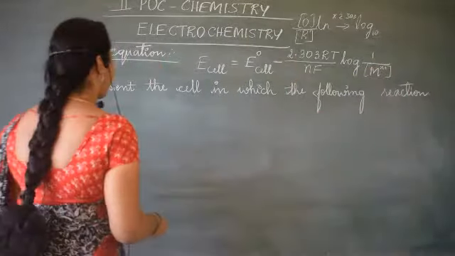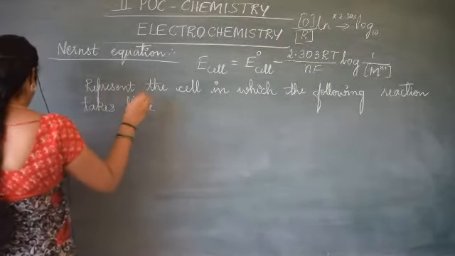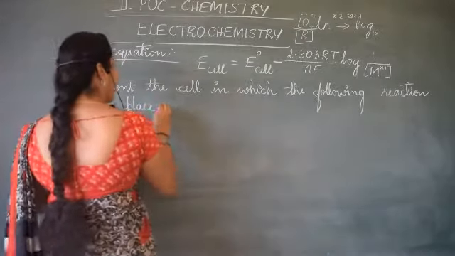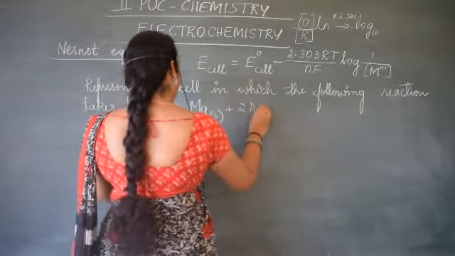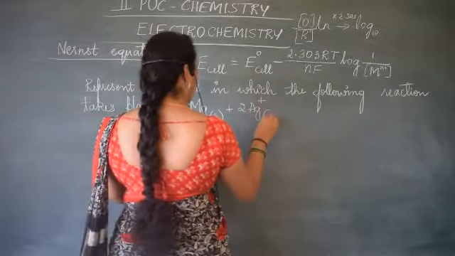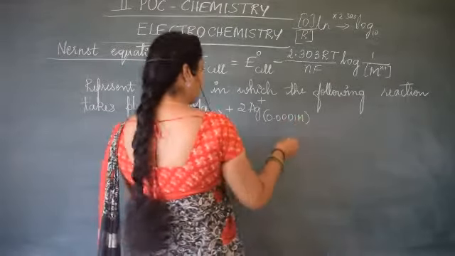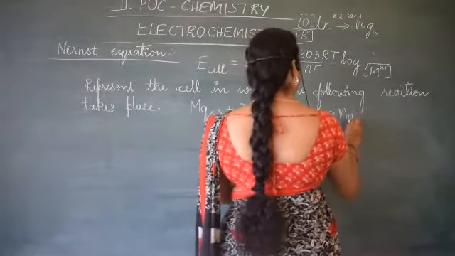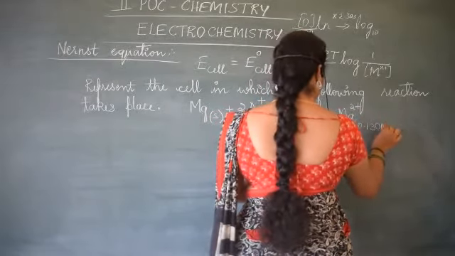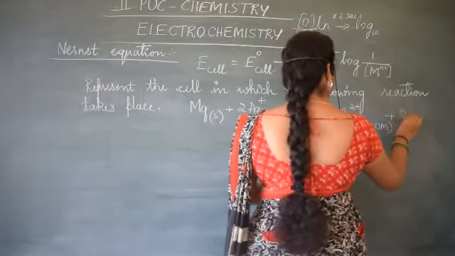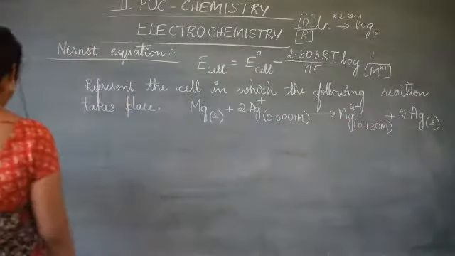The reaction given is magnesium plus 2 Ag+ (0.0001 molar) gives Mg2+ (0.130 molar) plus 2 Ag, where Ag is in solid form.